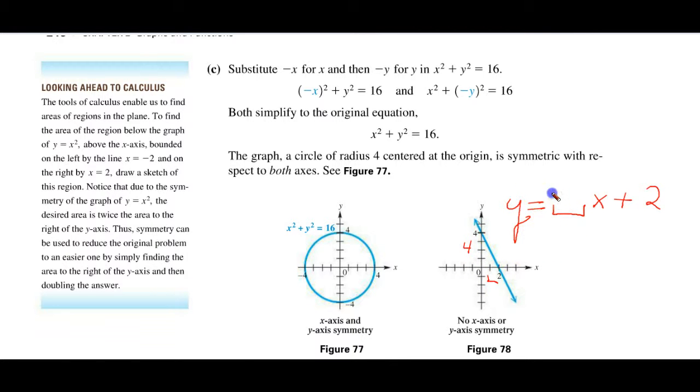So how about a negative 2 over 1? So negative 4 over 2, or a negative 2 over 1, or just plain negative 2. Now, do you see any symmetry here in regard to our x and y axes? And the answer is no, and they have that there.